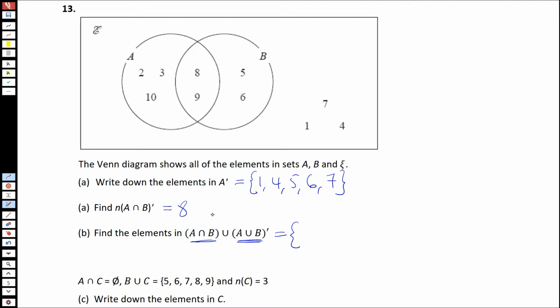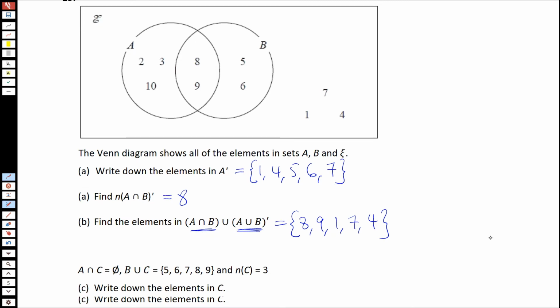So the intersection of A and B will be these elements here, which will be 8 and 9. And then outside A or B, which is outside this, will be 1, 7, and 4. So 1, 7, and 4. And that's it. So instead of sometimes just looking at the whole expression the way it is, with those symbols and all that, depending on what you have here, you can just think about each of these and then combine them together.